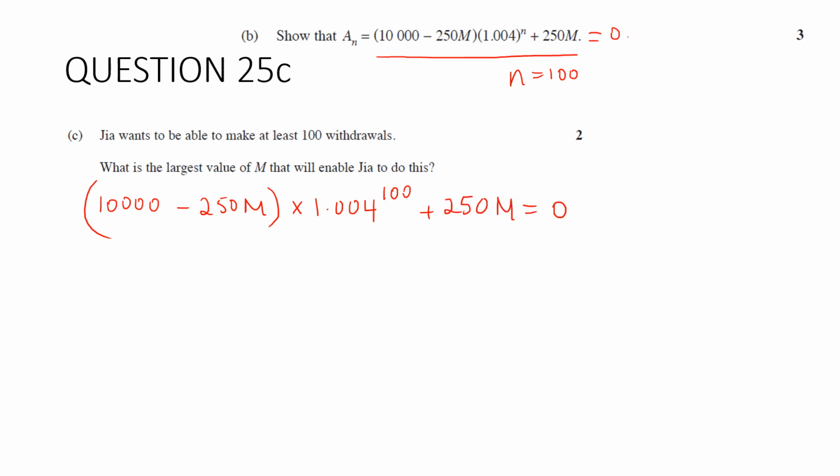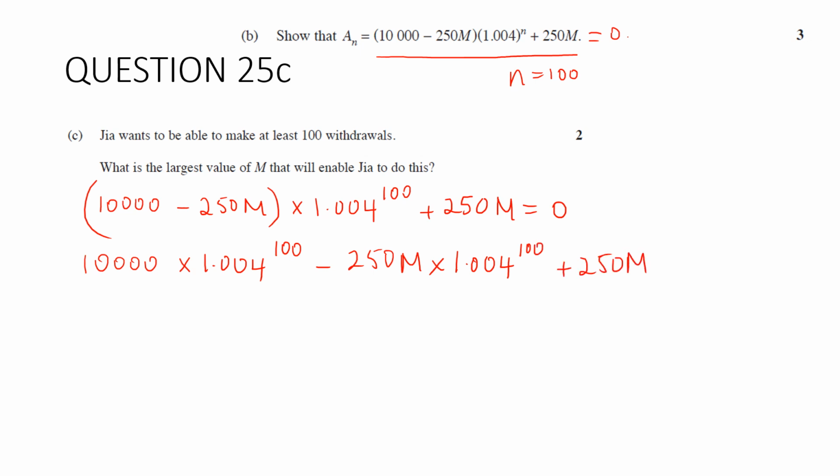And we want to solve for m. So let's expand this first bit. 10,000 times 1.004 to the power of 100 minus 250m times 1.004 to the power of 100 plus 250m is equal to 0.